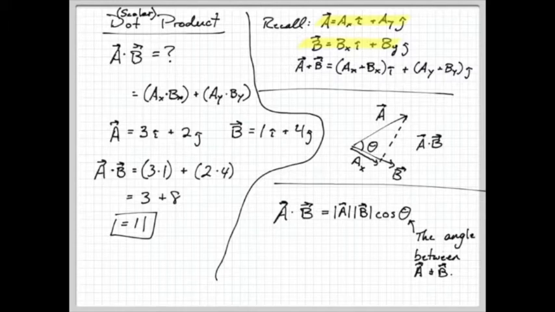And that's a good formula to use if we need to figure out, well, what's the angle between them? So let's use the vectors we did in our first example.